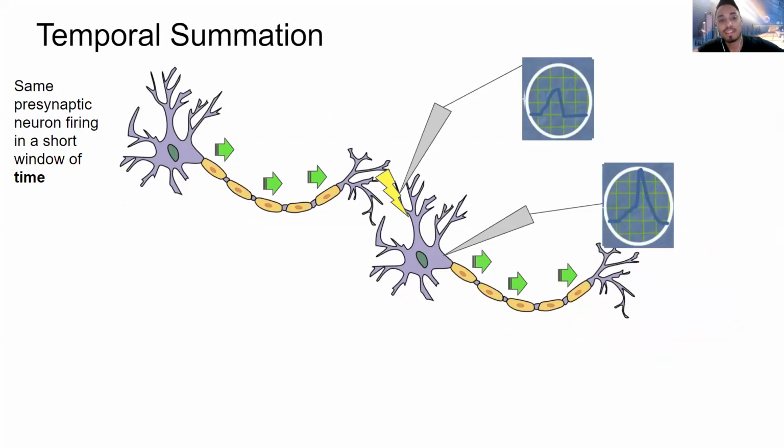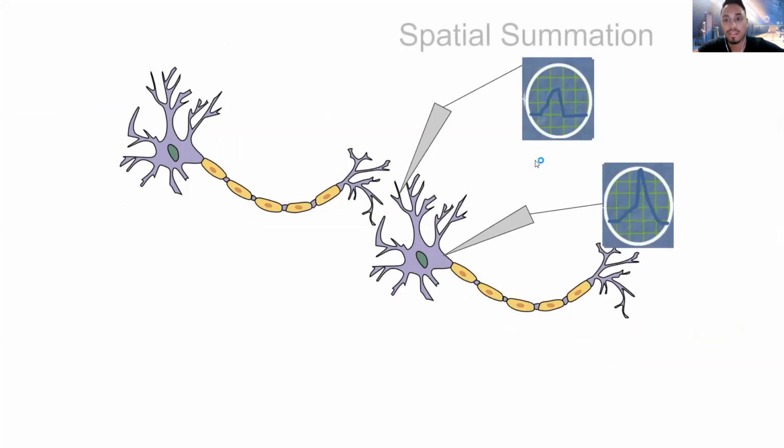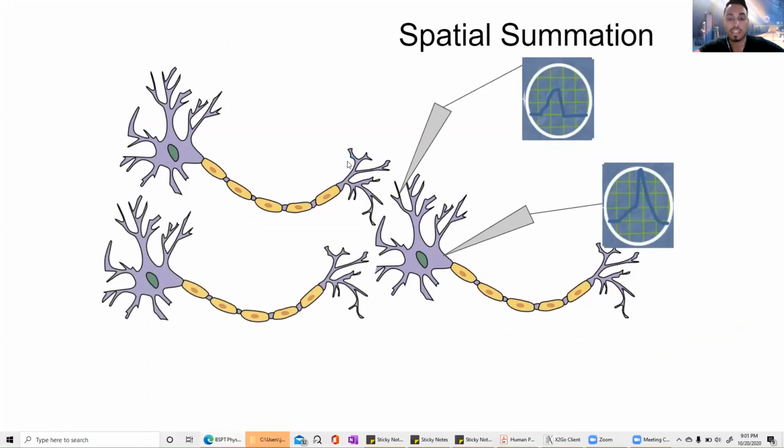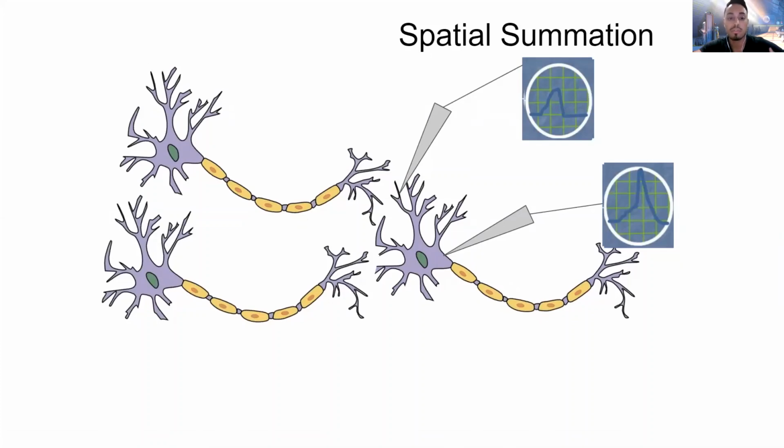So now we're going to look at spatial summation. Spatial summation refers to neurons close to one another. Where temporal was one neuron firing a signal in a short window of time, spatial summation involves multiple neurons close to each other firing a signal to the postsynaptic neuron. These two presynaptic neurons are going to fire their signals down their axons to reach the postsynaptic neuron. Again, we take a measurement from the leads on the postsynaptic neuron, but this time we're going to ignore the top box, where there's no lead plugged in, and only focus on the bottom box.